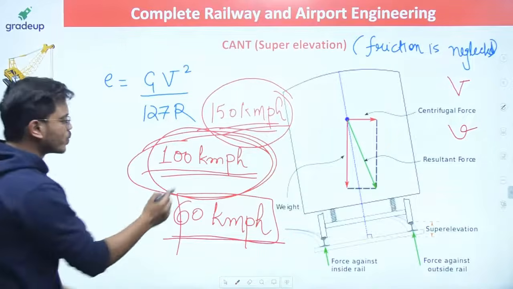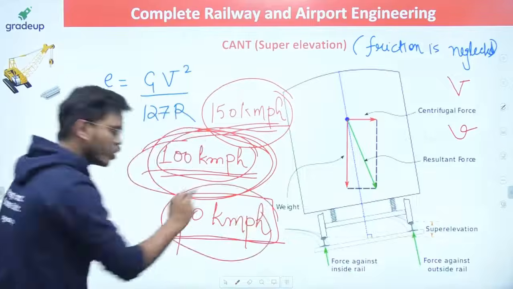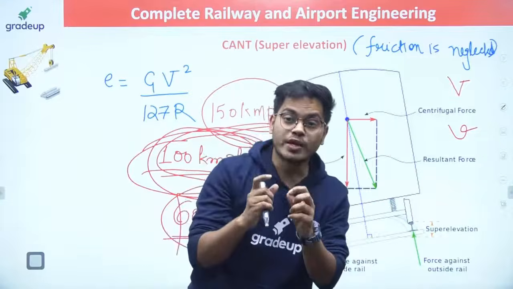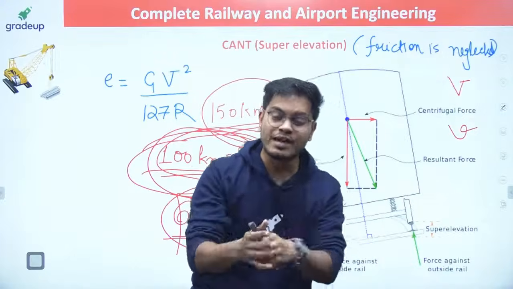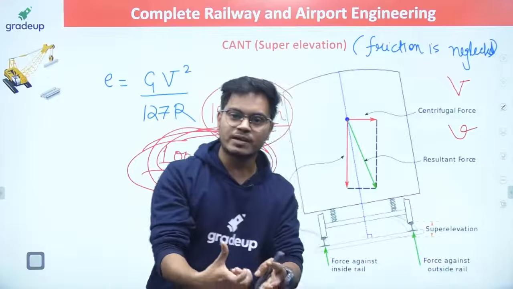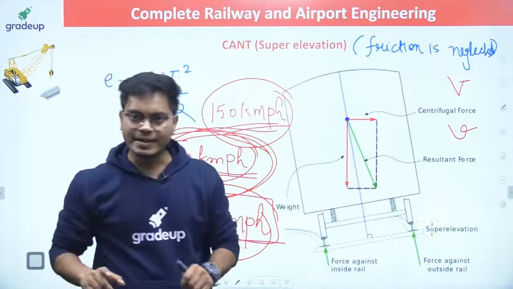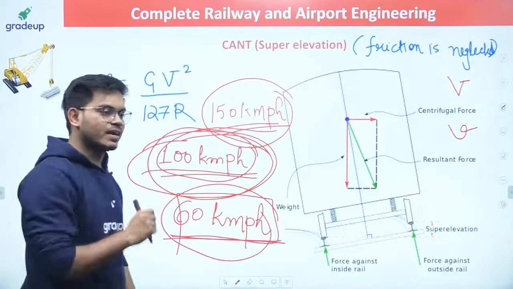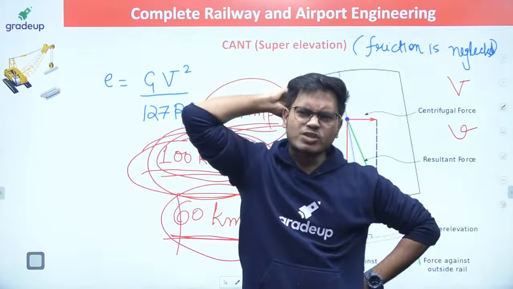I have designed the super elevation for a higher velocity. The passengers are going to feel a discomfort, and there is a high chance of derailment. There is a high chance the train may topple in the inner side. And obviously, this train driver will say, "Zyada ho gaya yaar. CANT to zyada ho gaya."